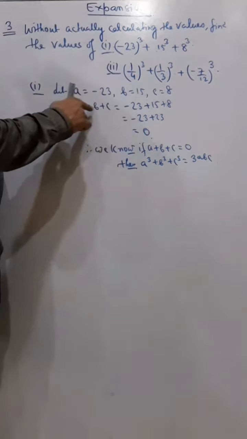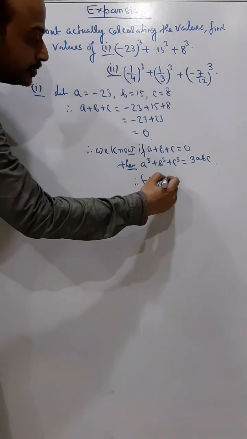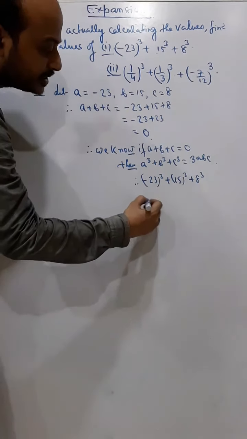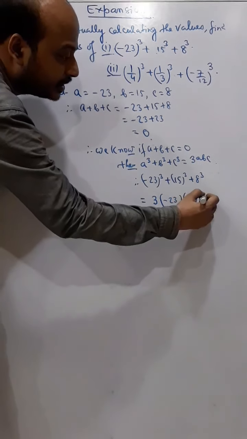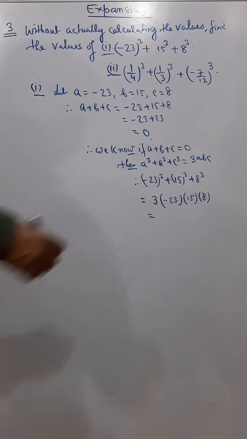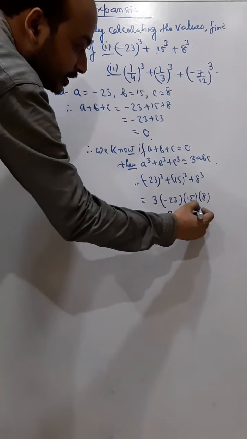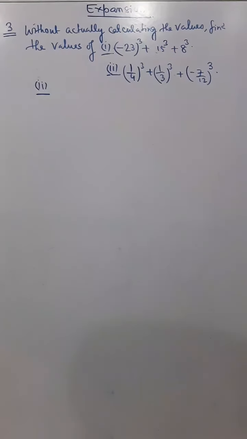Now we have seen here that a plus b plus c is coming as 0, and therefore we can say that minus 23 whole cube plus 15 whole cube plus 8 whole cube is equal to 3 into a into b into c. After multiplying this we'll get minus 8280.